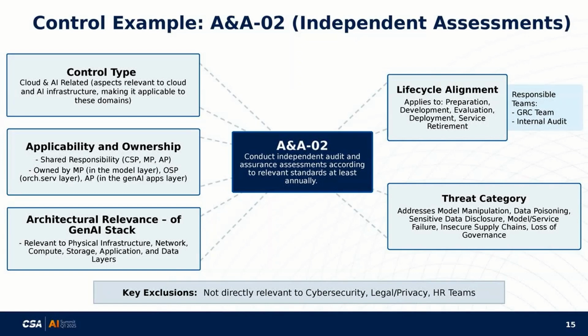For example, in the life cycle alignment, when we see where it applies to, we can also understand that the responsible teams are the GRC team and the internal audit team. And this analysis also helps to make some key exclusions, like this control A and A02, for example, is not directly relevant to cybersecurity, legal, privacy, or HR teams.